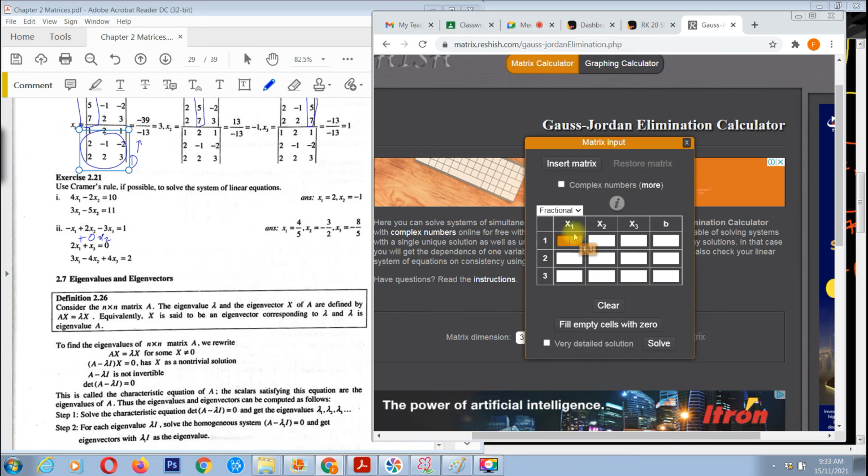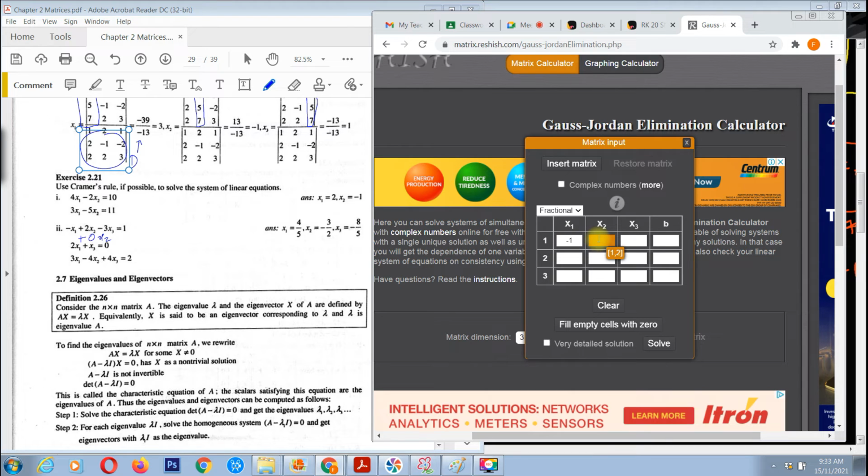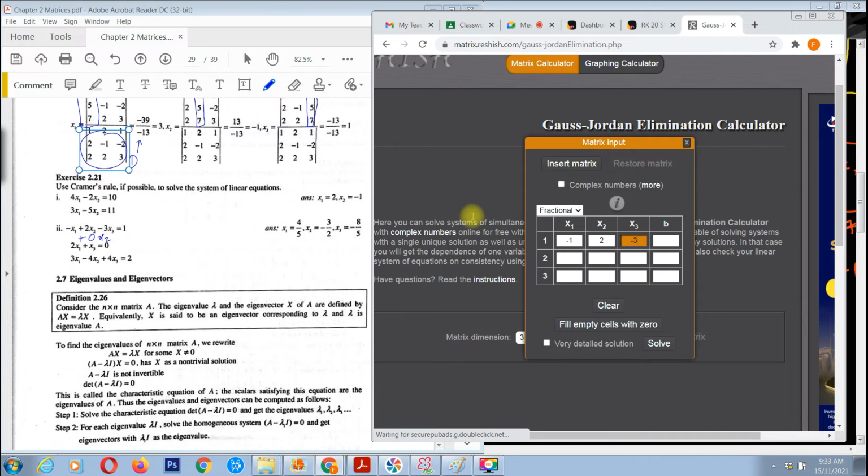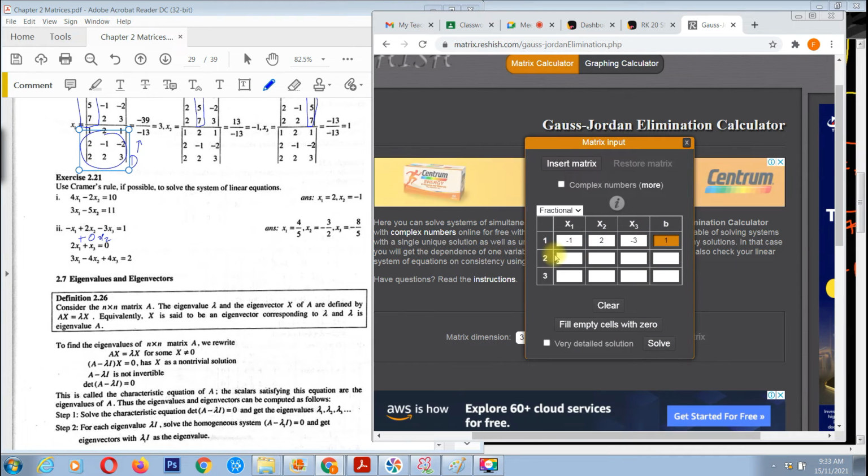Set the matrices: -1, 2, 2, -3, 1, 2, 0, 1, 0, 3, -4, +4, 2.